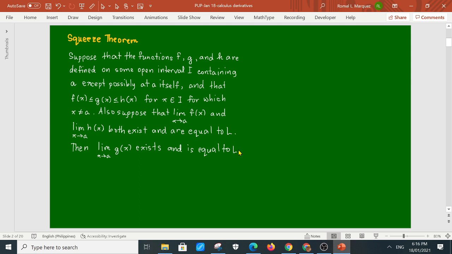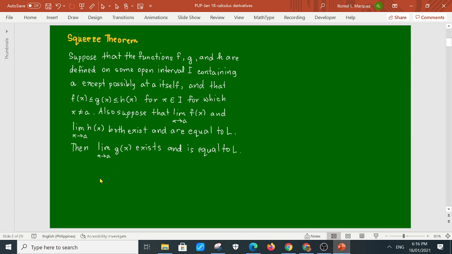Also, suppose that the limit of f of x as x approaches a and the limit of h of x as x approaches a both exist and are equal to L. Then the limit of g of x can be determined from the two limits, and it is equal to L also.